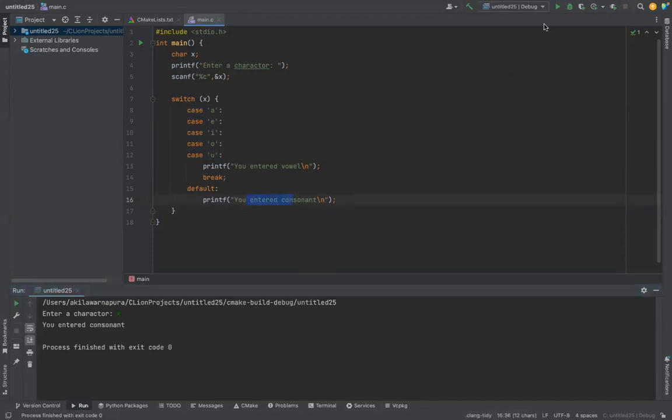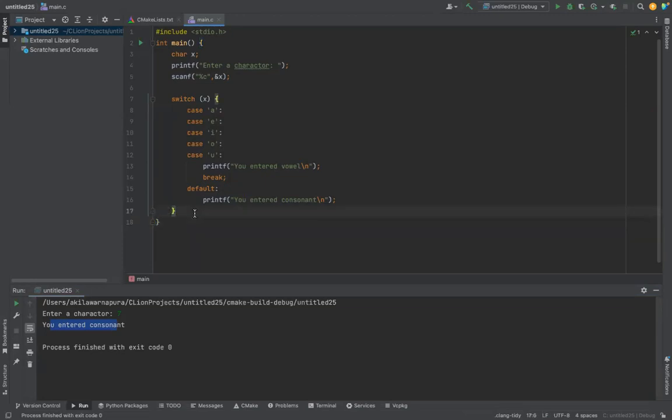Let's say you enter 7. Here also it says you entered consonant, because 7 does not belong to these cases. So here we assume that the user enters only letters. Based on that assumption, we wrote this switch case statement. Otherwise, we have to think about what to do with any other characters.